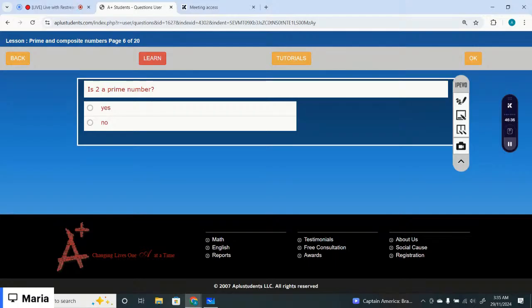Is 2 a prime number? Yes, 2 is a prime number, right? Is 8 a prime number? No, it is not a prime number. The correct option is no. Very good.